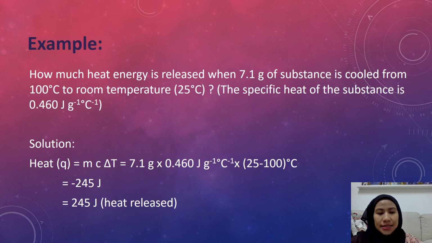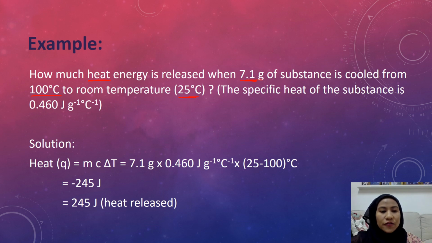In this case, the question wants us to calculate heat, which is Q. We are given the mass of the substance, 7.1 grams, and 100 degrees Celsius is the initial temperature and the final temperature is 25 degrees Celsius.